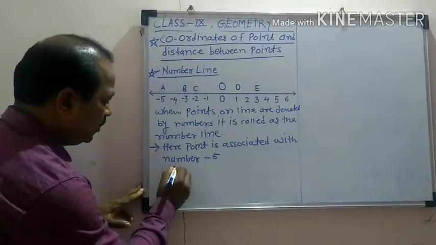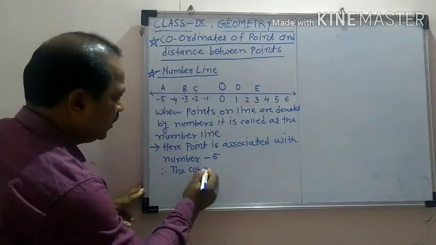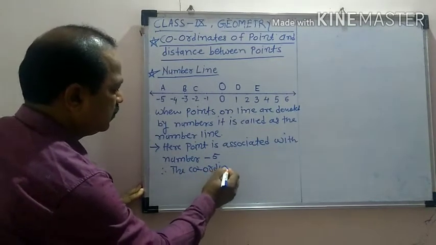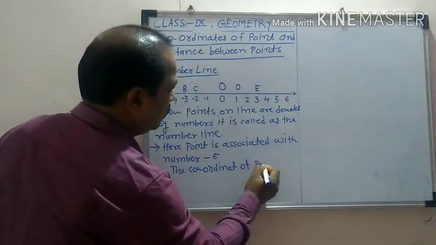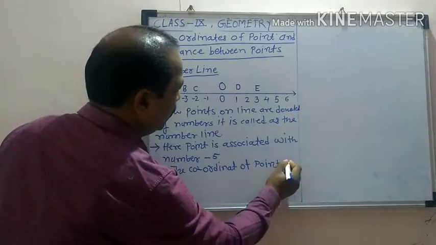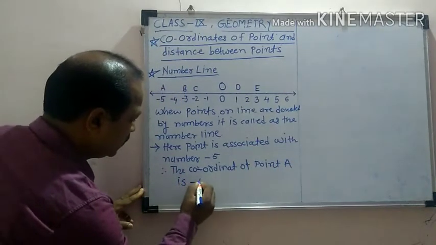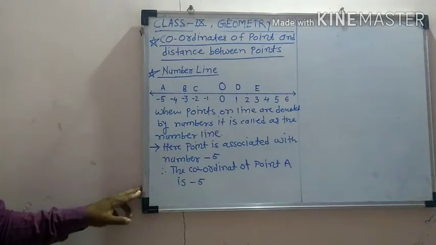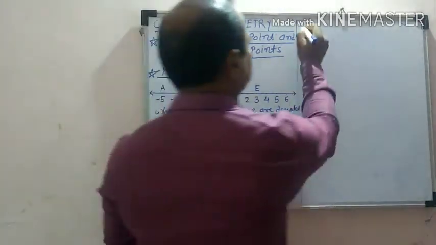Therefore, the coordinate of point A is -5. Also point E.